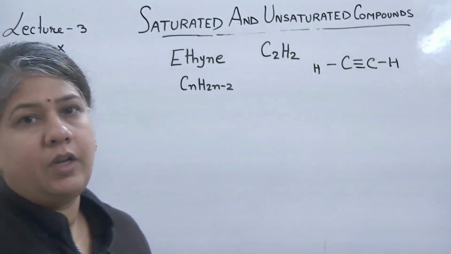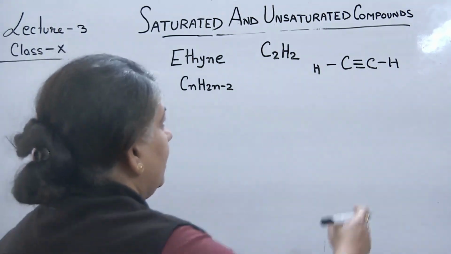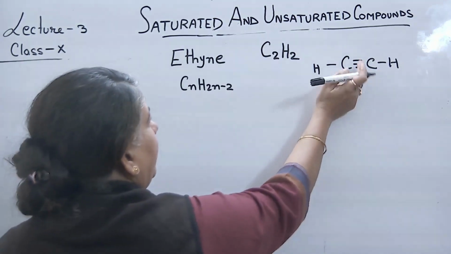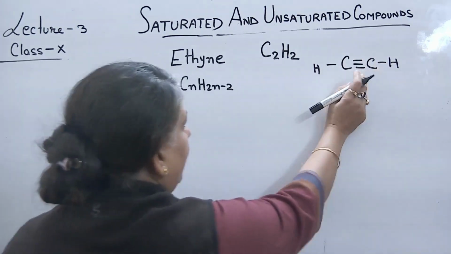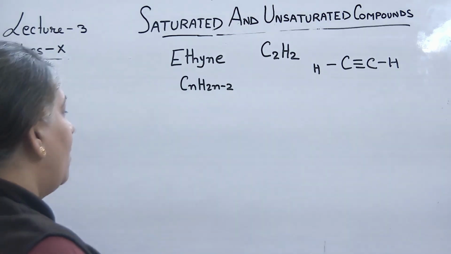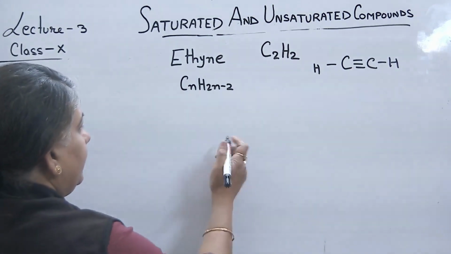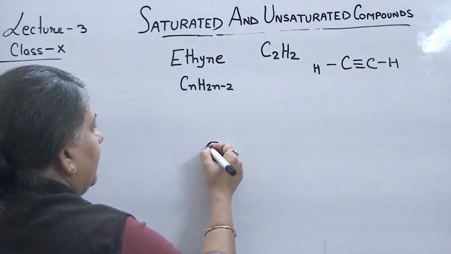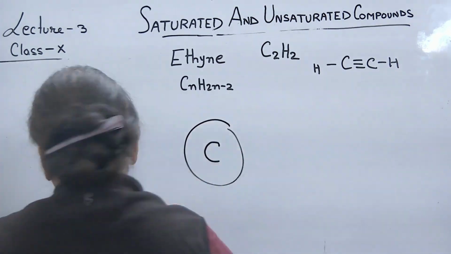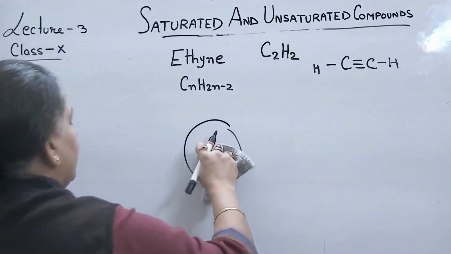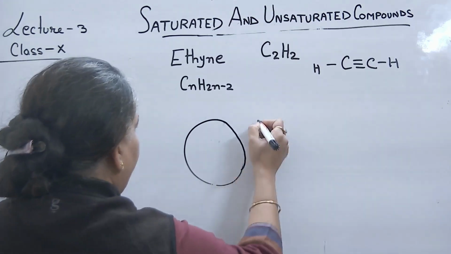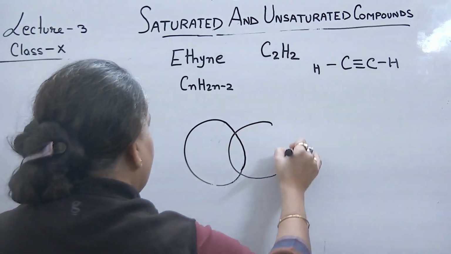Always check the tetravalency of carbon to see that you have written the right structure. So carbon has 4 bonds here, this carbon is also forming 4 bonds. So the structure is correct. Now for the electron dot diagram, again make two overlapping circles that represent carbon.